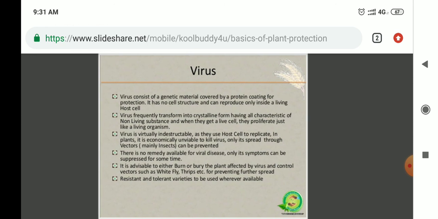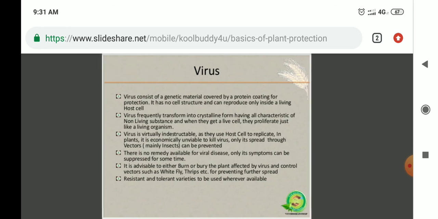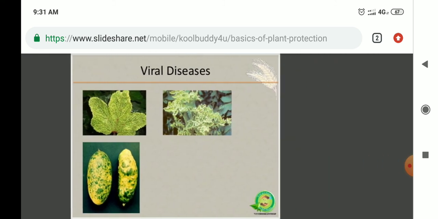There is no remedy available for viral diseases. Only symptoms can be suppressed for some time. It is advisable to burn or bury the plants affected by viruses and control vectors such as whitefly and thrips to prevent further spread. Resistant and tolerant varieties should be used whenever available. That is the viral diseases.